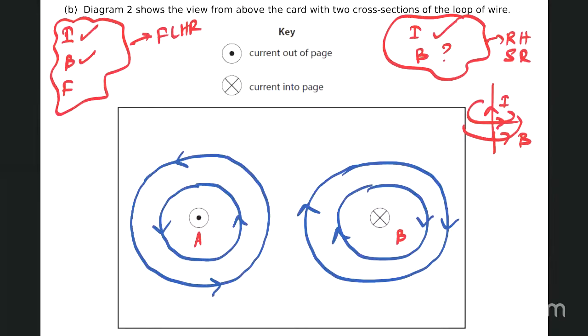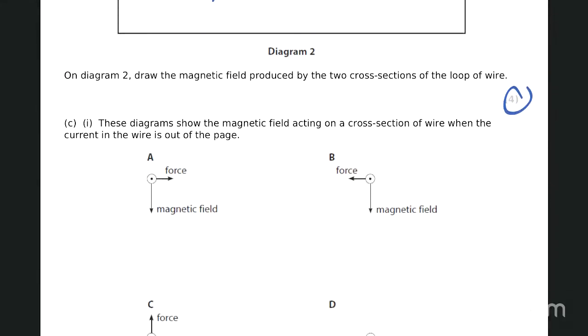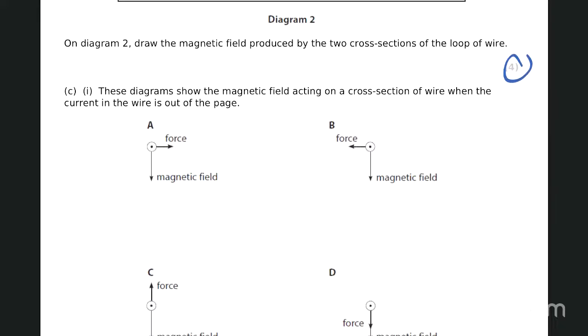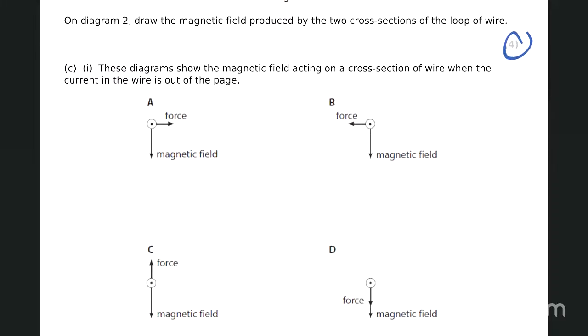Right. Then the third part. These diagrams show the magnetic field acting on a cross-section of wire when the current in the wire is out of the page. So here, these are the wires. These circular diagrams are the wires.